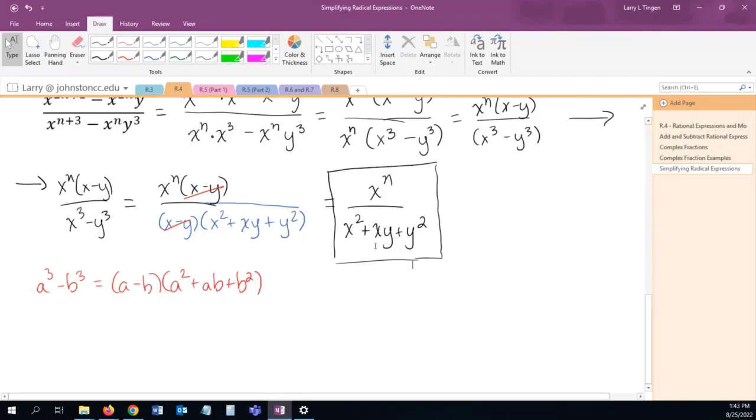And the reason is that this does not break down the way that you're thinking it does. What she's saying is, does this denominator become this? And the answer is no, because the middle term doesn't work the way you want it to. To break this down, I need two things that multiply to y squared, two things that multiply to x squared, and then when I add them together, they have to be xy.